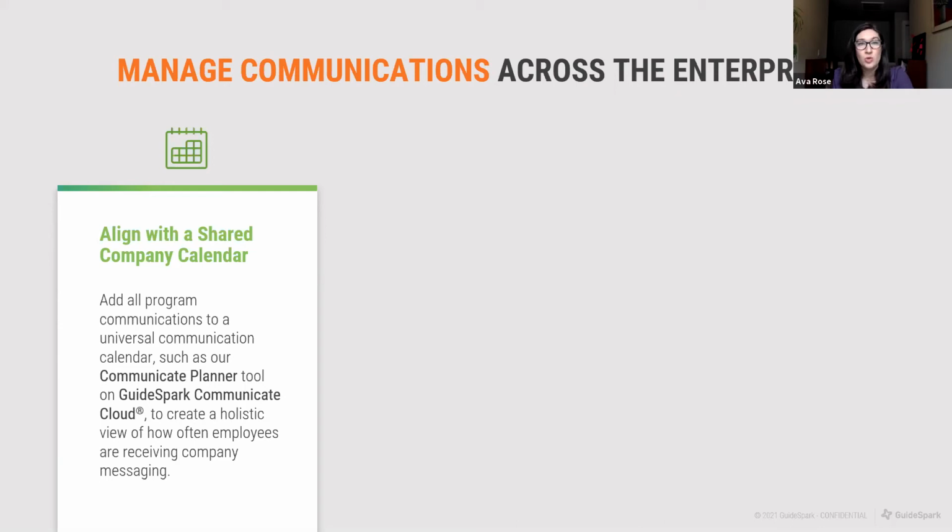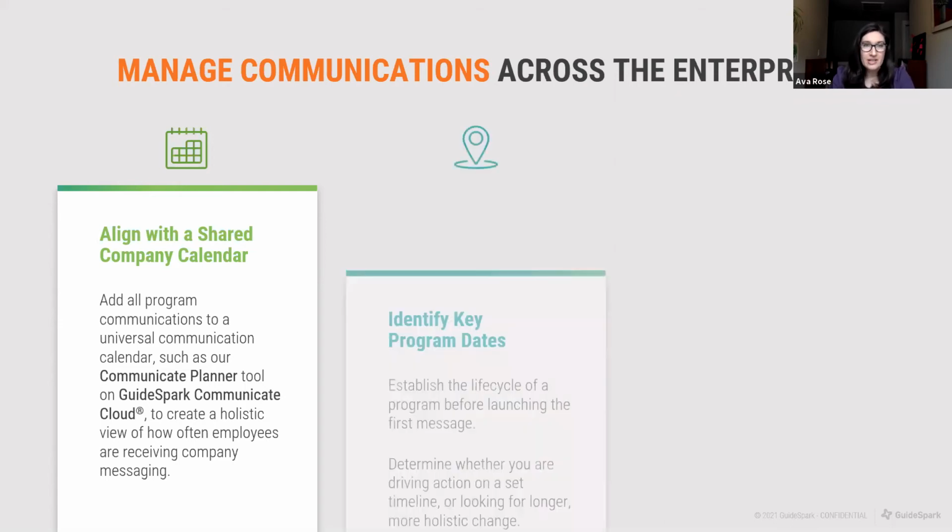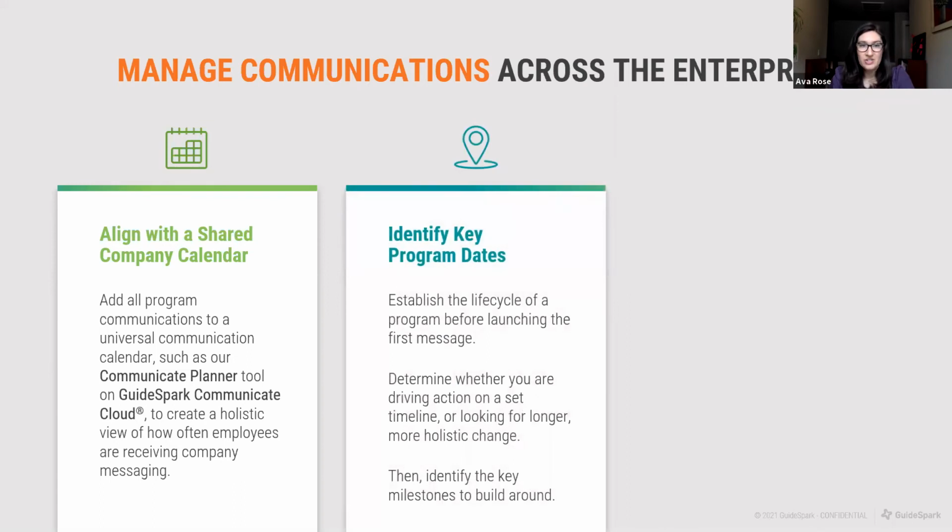So even if you don't work personally on that campaign, you can still see when messages are going out for it, so that you have that visibility to know, hey, it's open enrollment. People are getting a ton of benefits messages this week. This isn't a great week to send my CEO business update. Maybe I'll wait until next week. So it can be a tricky thing to get those shared calendars set up, but it's worth the effort.